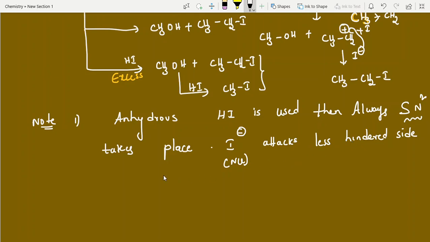So what is this mechanism, students? SN2. In SN2, Walden inversion always takes place. We have studied this, no? If anhydrous HI is used, then always SN2 takes place. I- attacks the less hindered side. It favors SN2.